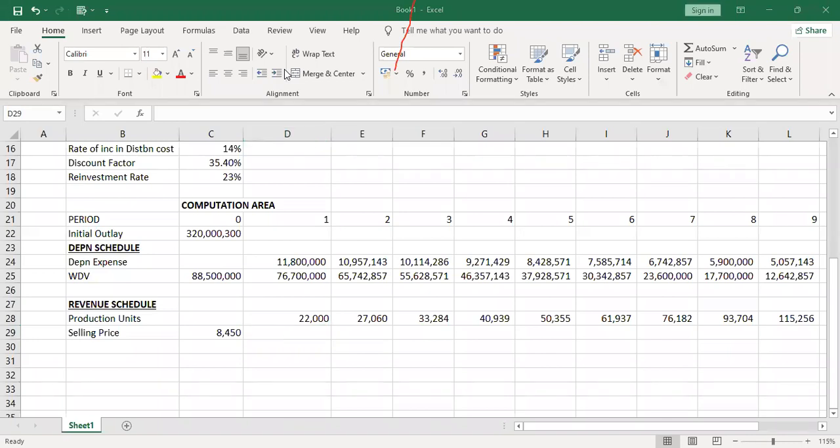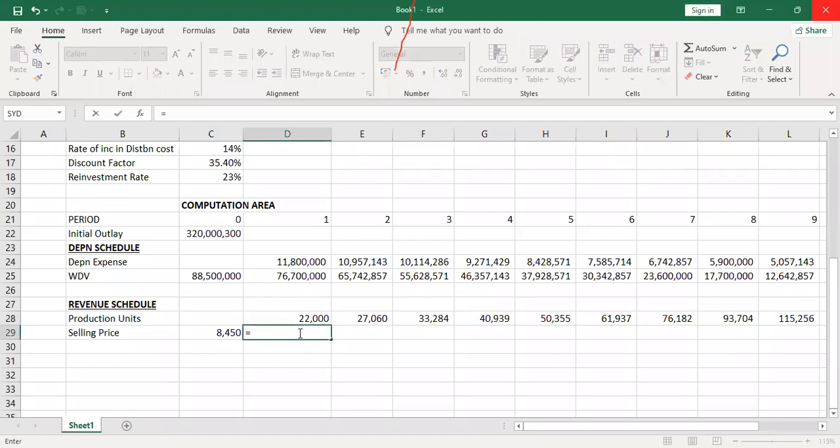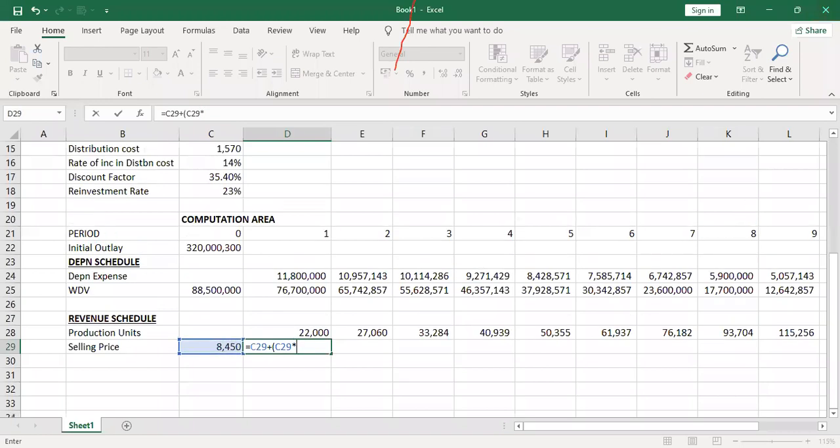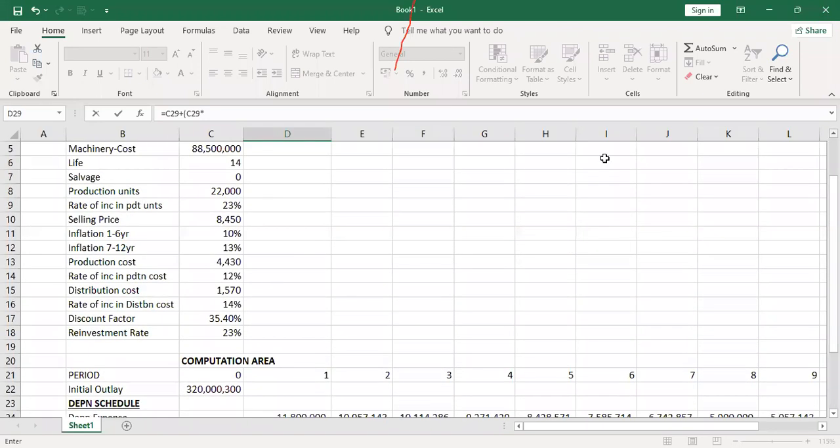So the inflation rate increases prices by that percentage. So I have to say equals selling price in period 0, plus, open brackets, selling price in period 0 times the inflation rate in the first half of the project's life, the one that we pick in the input area, which is 10%.